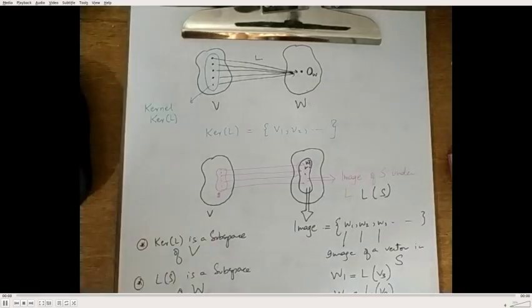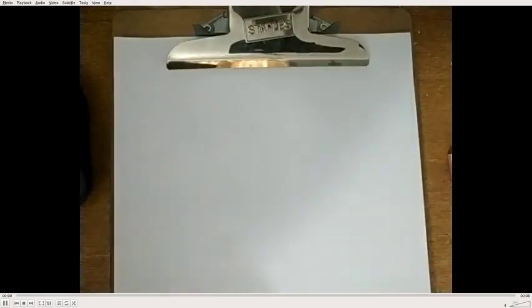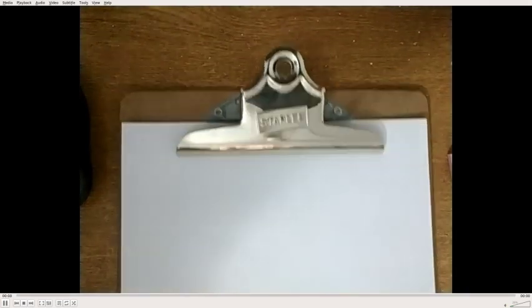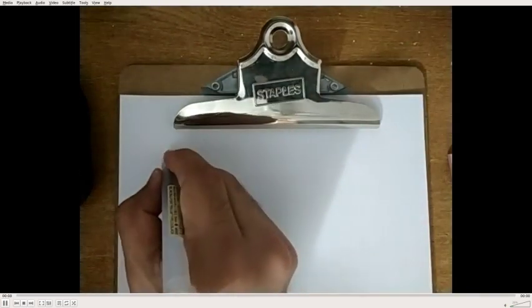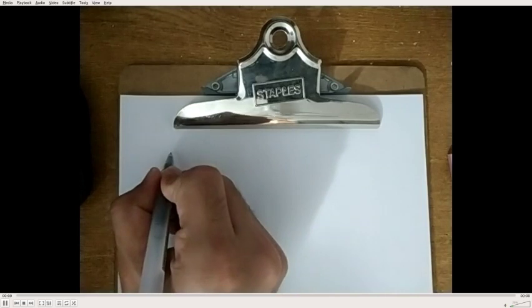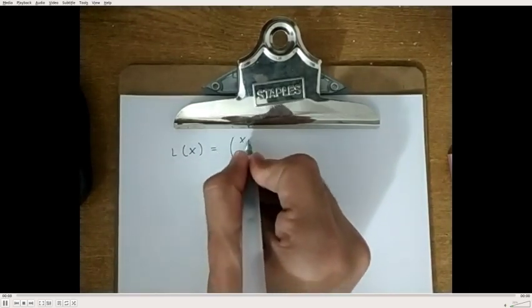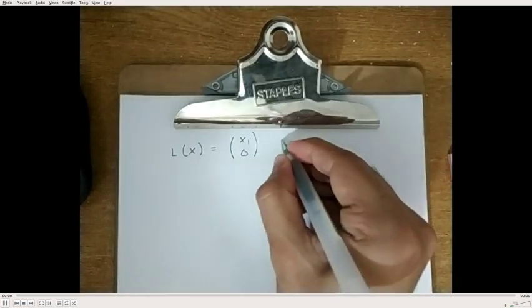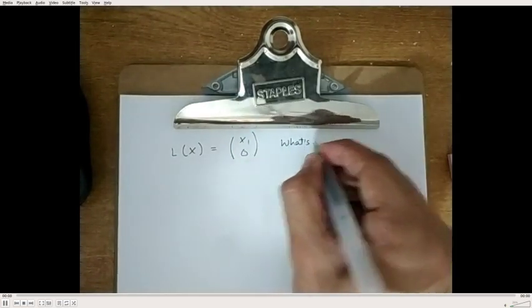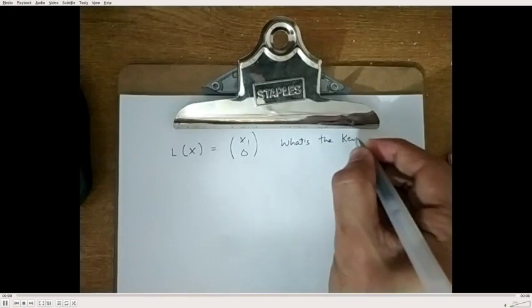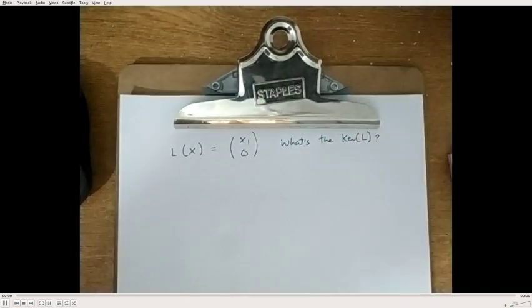Okay, so here is example 11, which asks the following question. If you have the transformation L(x) = (x1, 0), what's the kernel of this linear transformation?